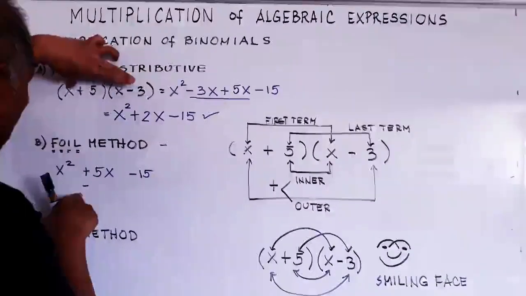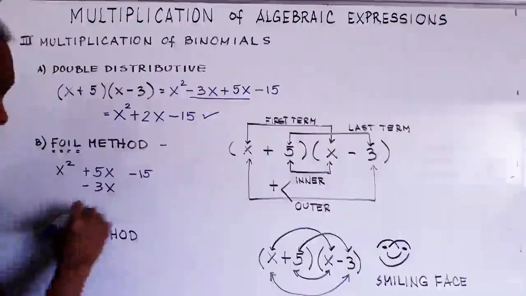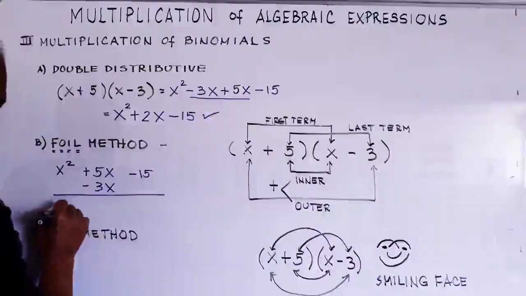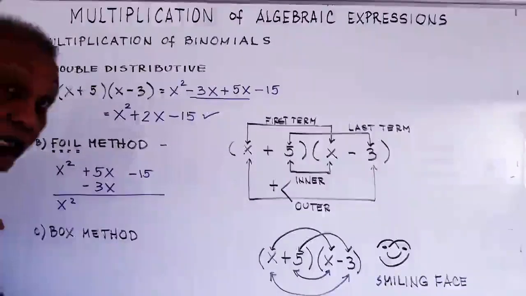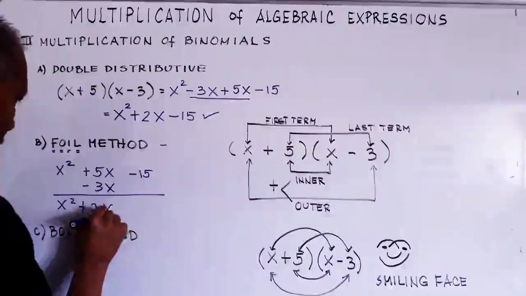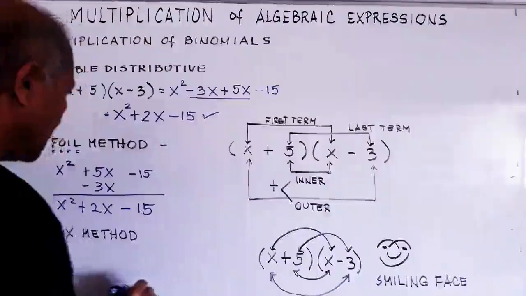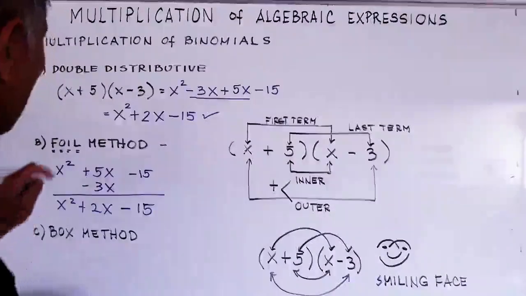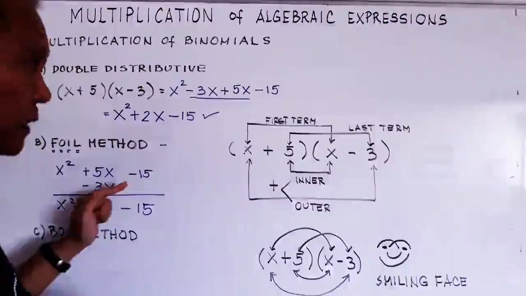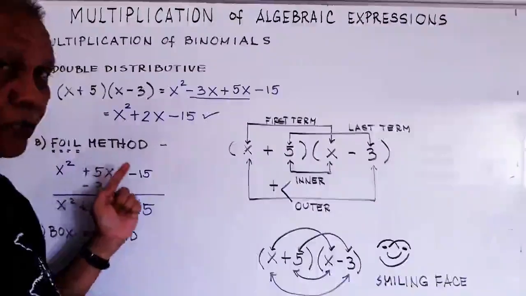And then here 3 times x is 3x. Then I'm going to add here. We have x squared here. I'm going to add because they are like terms. We have positive 2x, and I'll copy the minus 15, and we have the same answer. Now we choose if you want to use this one or the FOIL method. But usually learners are using the FOIL method.